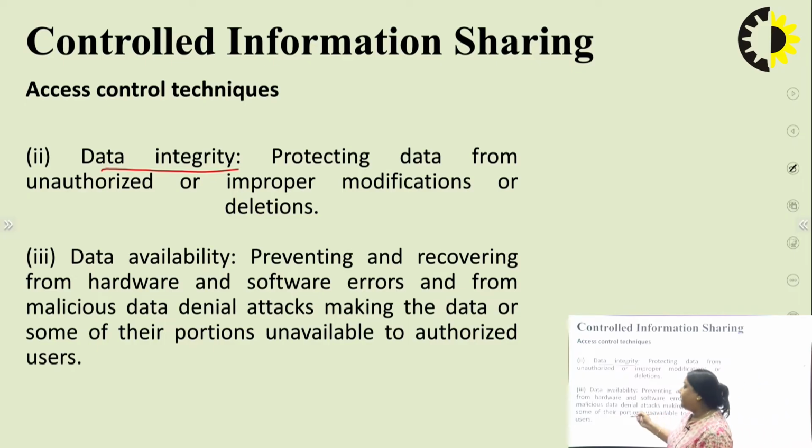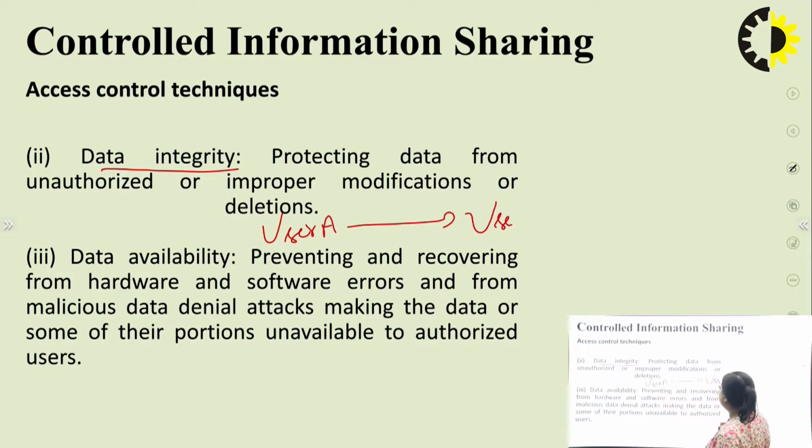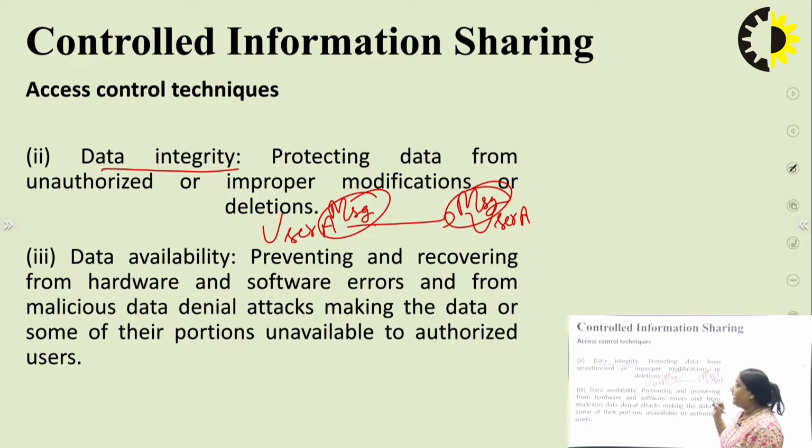That is how to maintain integrity, so that a message passed from user A to user B is transferred in its original form, as the same message sent by user A. That is called maintaining data integrity: the message passed from one user to another is transferred without modification, alteration, or deletion.